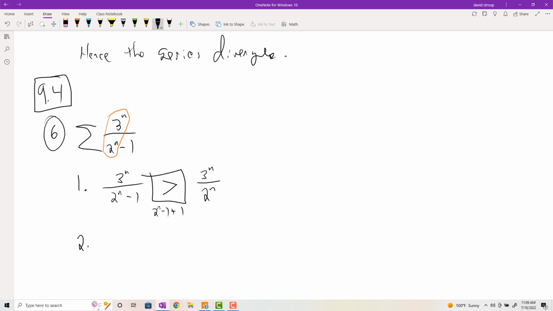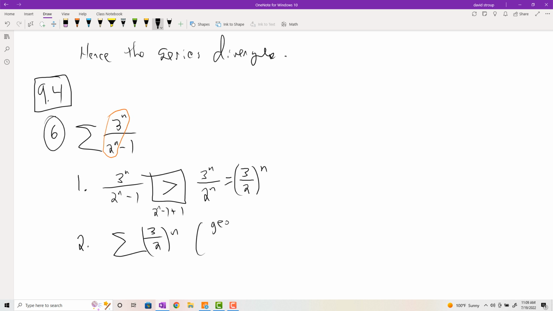Secondly, we have to make a statement about our newfound series. So let me rewrite 3 to the n over 2 to the n as (3/2) to the n, and then note the series of (3/2) to the n is geometric, right? You need to note what kind of series it is. Either it's geometric or it's usually a p series.